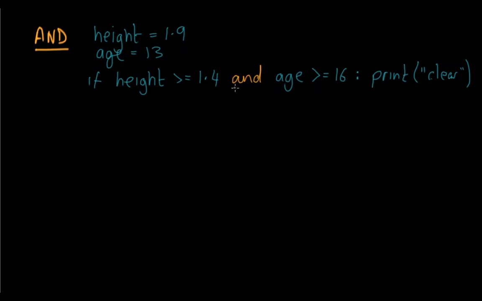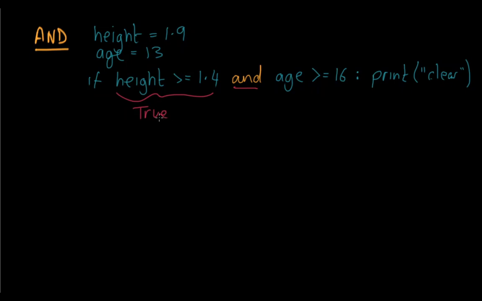Now, this AND operation here can't do anything until these two statements have been evaluated. These are decision statements, assertions, if you will, that I believe in my heart of hearts to be true. So I truly believe that height is greater than or equal to 1.4. Python says, yep, you're absolutely spot on, so it returns true.